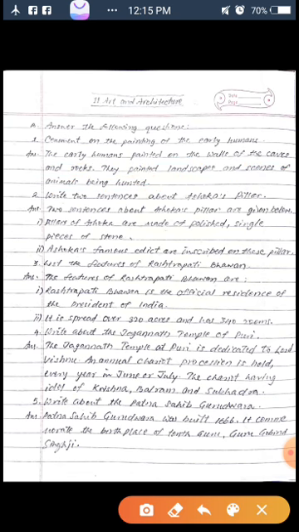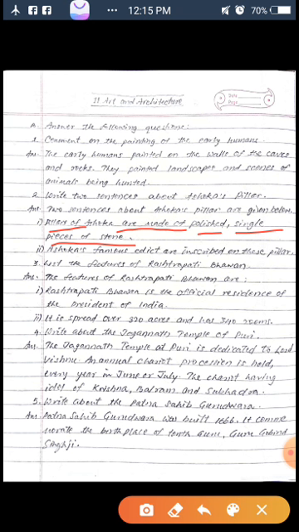Then question number 2. Write 2 sentences about Ashoka's pillar. 2 sentences about Ashoka's pillar are given below. Number one, pillars of Ashoka are made of polished single piece of stone.